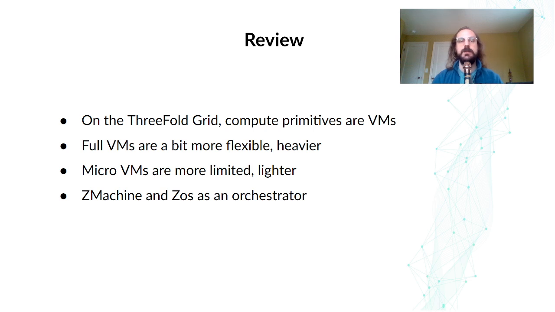And I hope to see some cool stuff around this in the future. I think the combination of micro VMs and some next generation thinking in terms of how these can be orchestrated could be a really cool step forward for the general state of compute abstractions and this kind of timeline that we've been discussing. So I hope that you'll take what you learned today, go and build something cool.